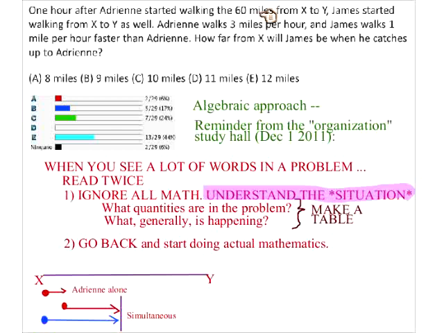It actually doesn't matter at all, because nobody is going to make it the whole 60 miles. They're going to catch up at some point in the middle of the path, and then they're done. So smiley face if you understand that this is the situation.